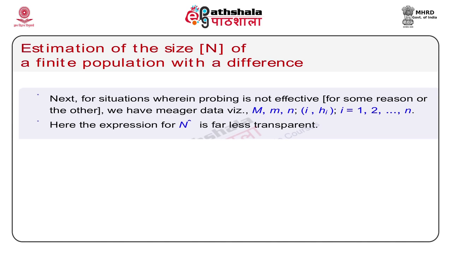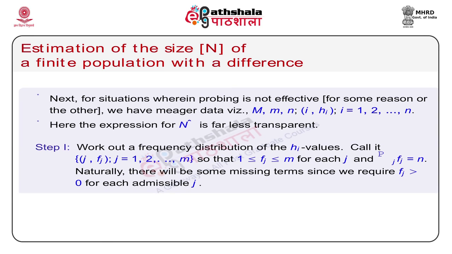To compute capital N hat, you go through the following steps. Step number 1, you use these small hi values, i equal to 1 up to small n, to develop a frequency table. The small hi values start with 1, 2, 3 etc. up to small m, and then you can find the frequency count.